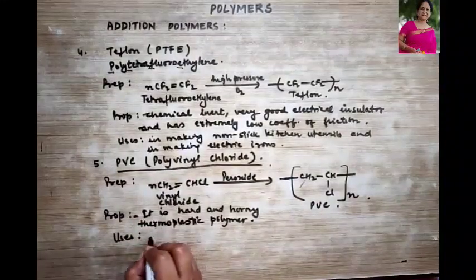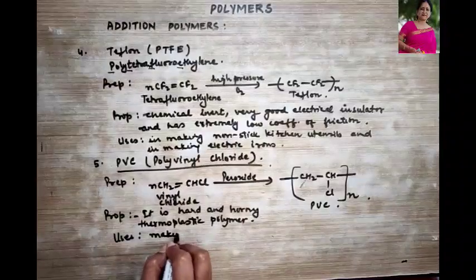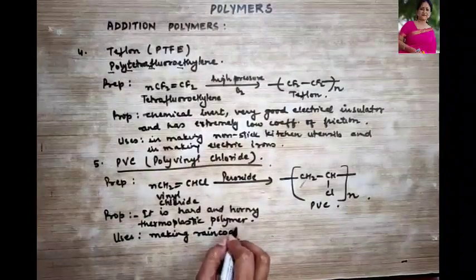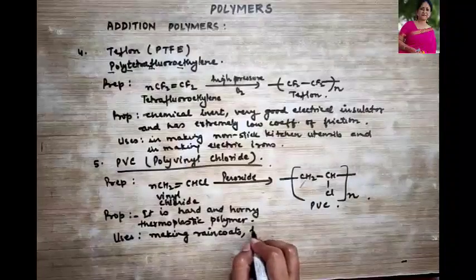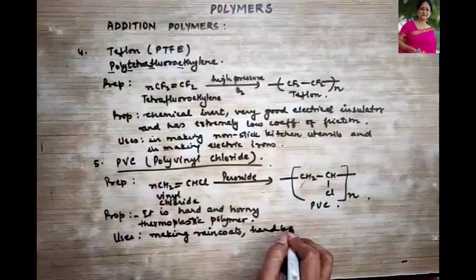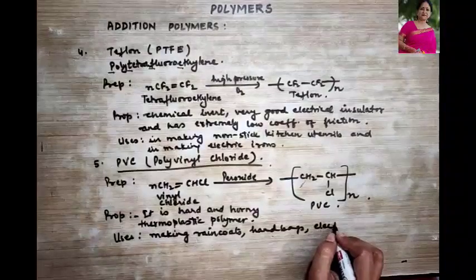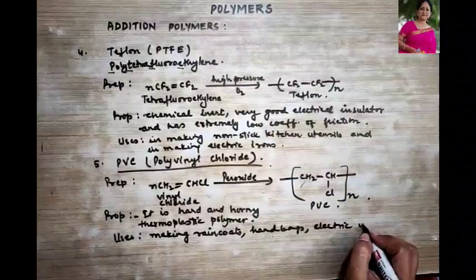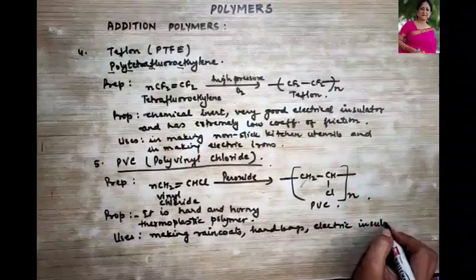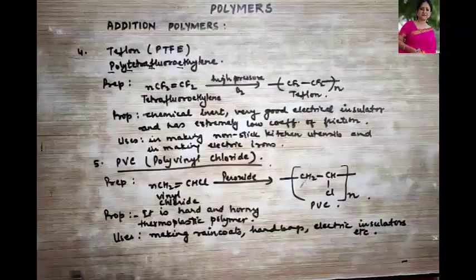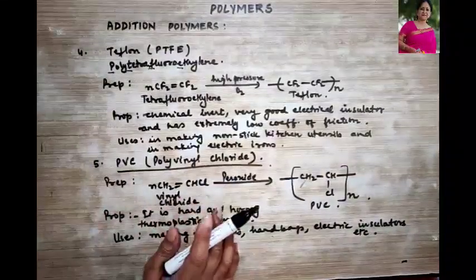It is used in making raincoats, then your handbags also, then the electrical insulators are also made of this, etc. So I hope about PVC is also clear.